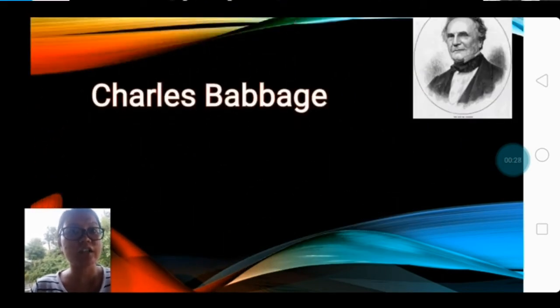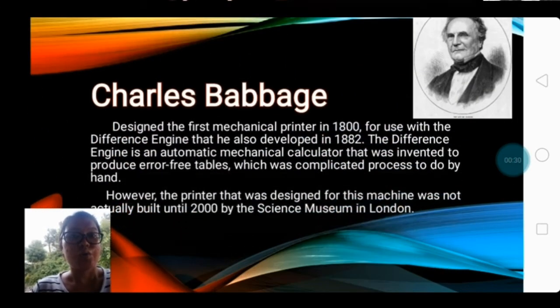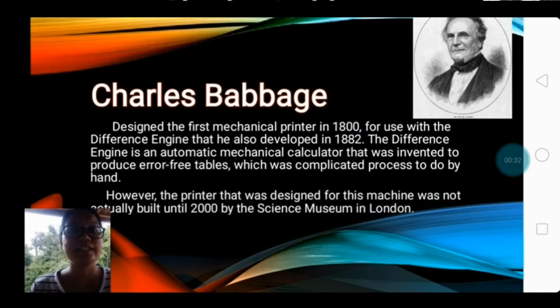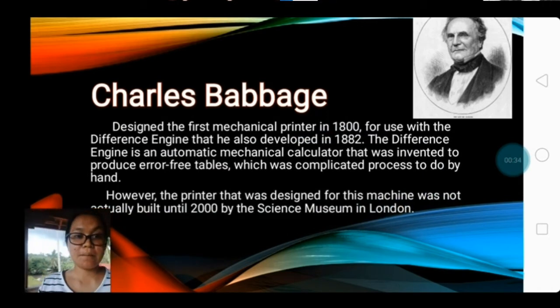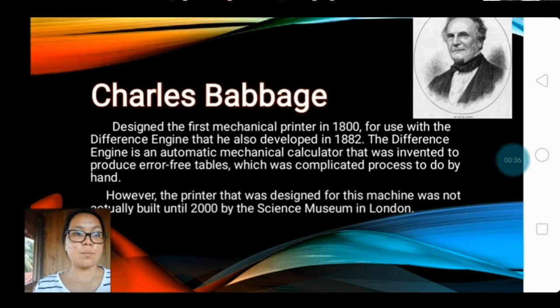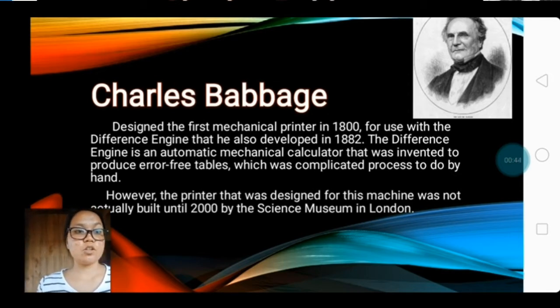Did you know that Charles Babbage was the one who designed the first mechanical printer in 1800 for use with the difference engine that he also developed in 1882?